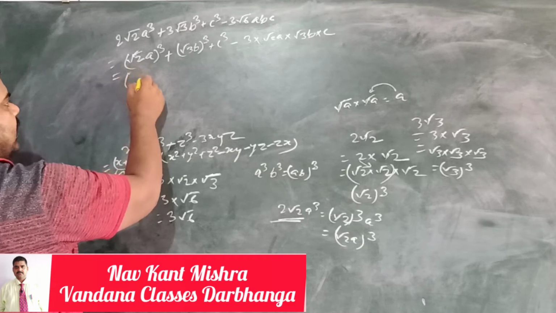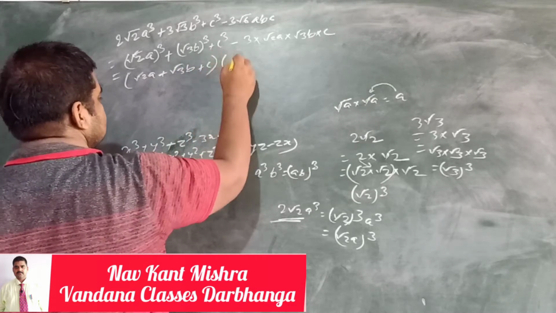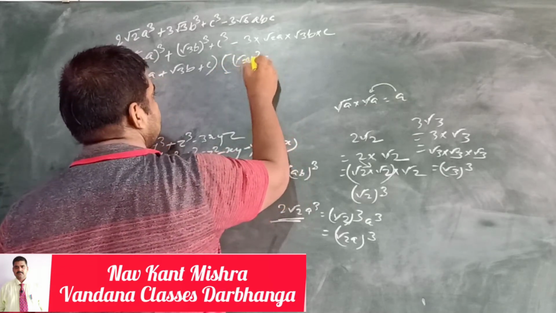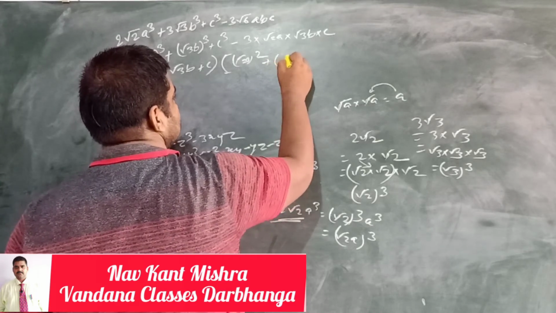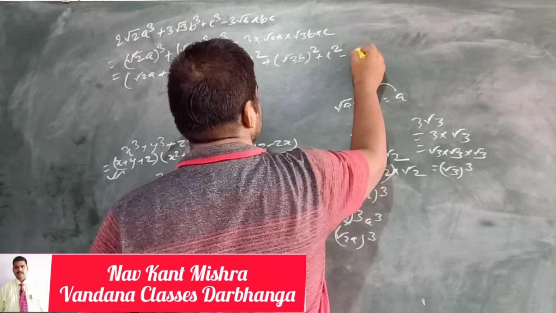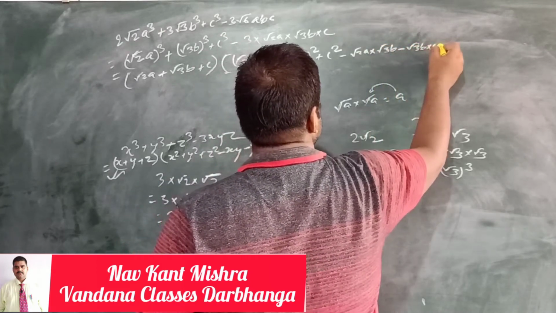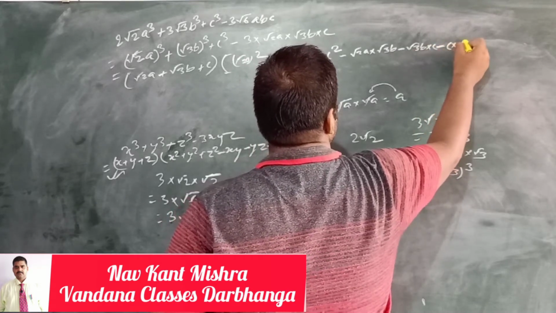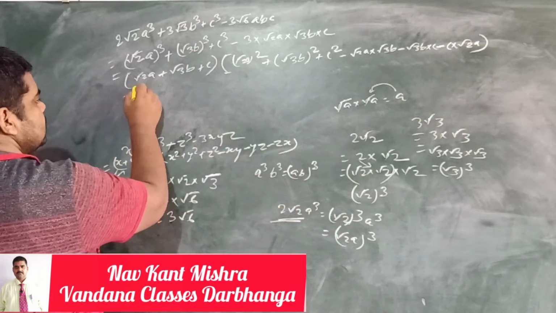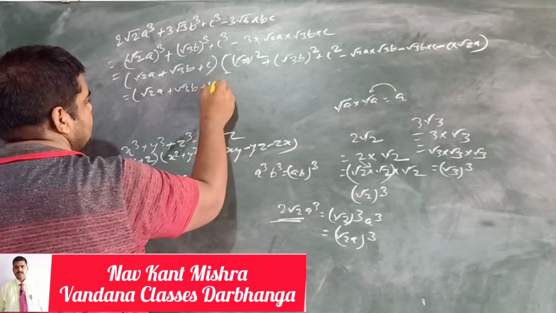And this is why you can write root 2a plus root 3b plus c into root 2a square plus root 3b square plus c square minus root 2a into root 3b minus root 3b into c minus c into root 2a.